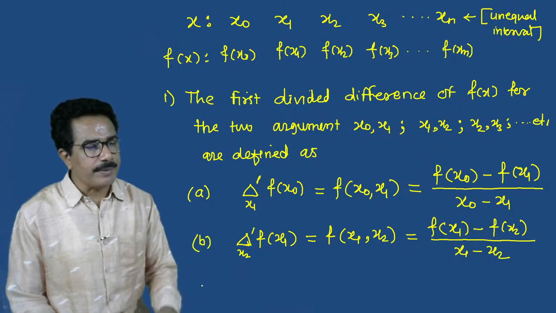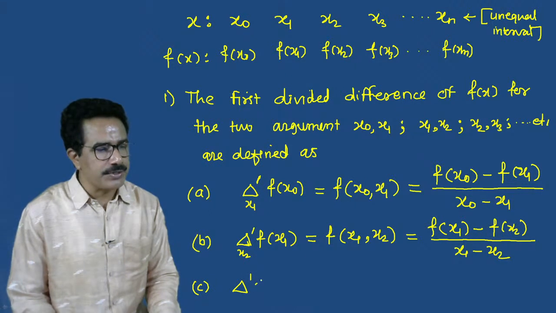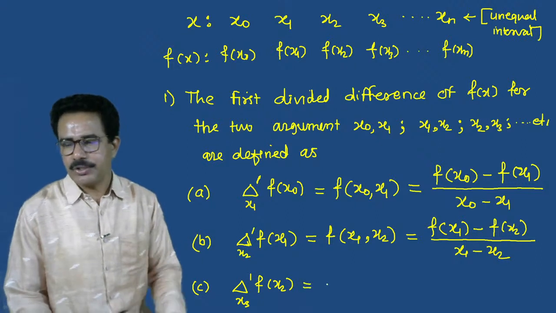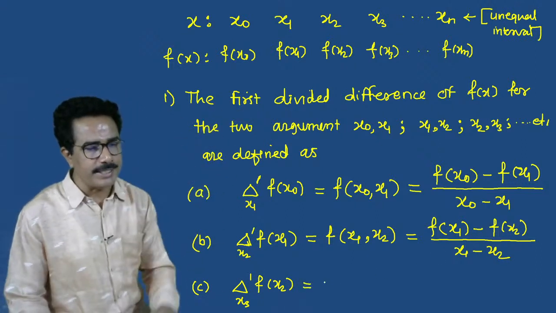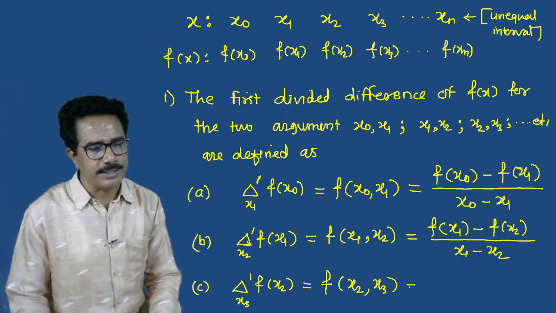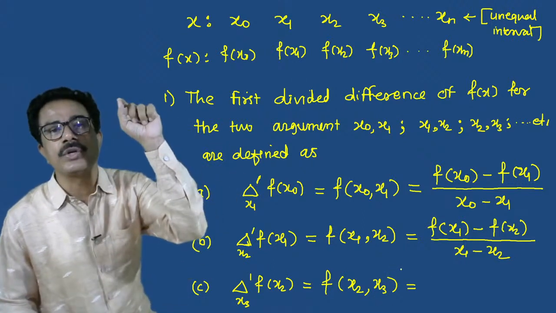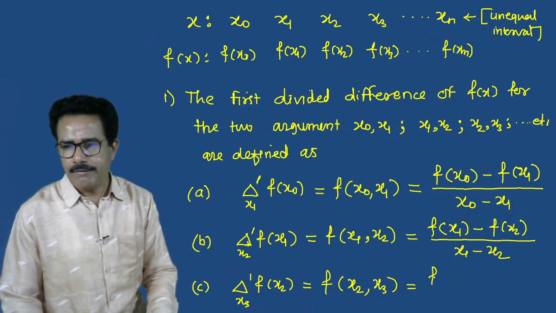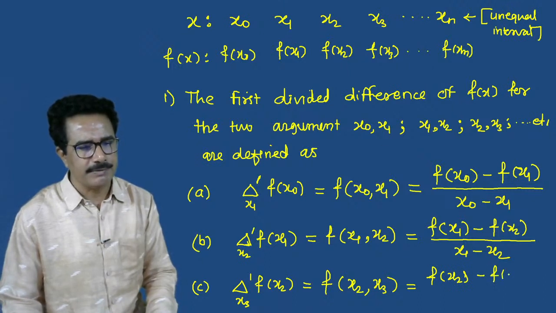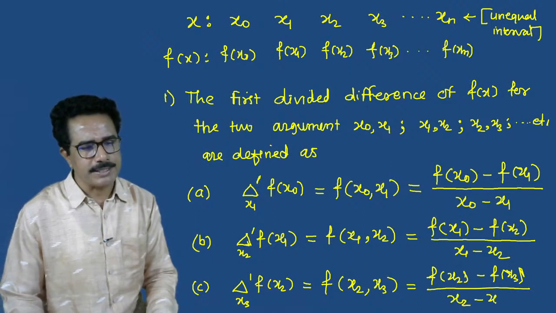See, in this way we can obtain, similarly we can write delta dash f of x2 over x3, which is denoted by, now tell me the definition, students, how to write f of x2 comma x3, which is equals to, this is the first divided difference. Divided difference is denoted by delta dash f of x2 minus x3 divide by x2 minus x3.